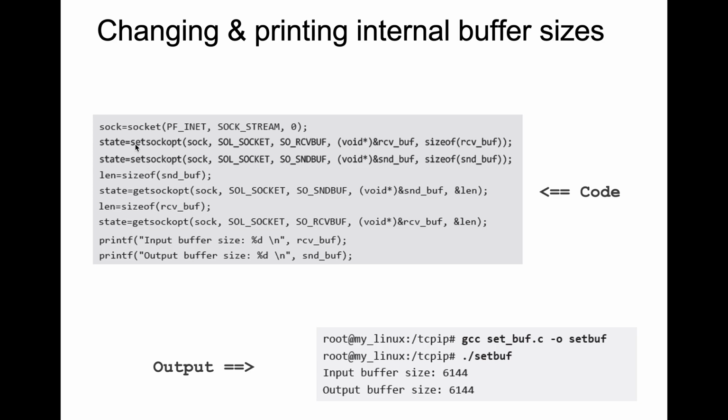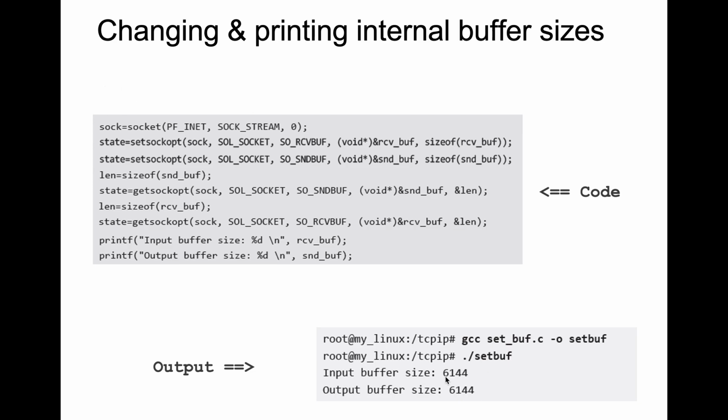So the setsockopt function call is done exactly like in the previous slide that I've shown. We will be providing the socket file descriptor, the protocol level, and the option name, in this case RCV buffer. So we're trying to change the receive buffer's size by providing the value using this integer in which we have already stored the value.